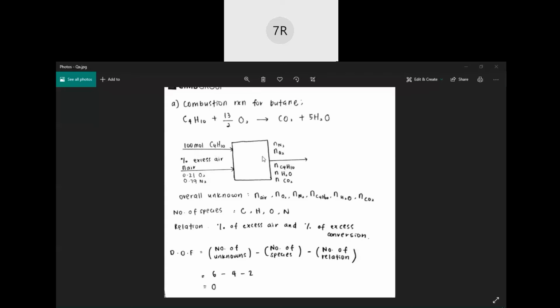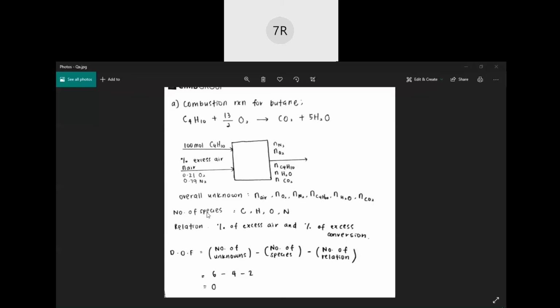And then for the unknowns, there are 1, 2, 3, 4, 5, 6. There are 6 unknowns: number of mole of air, oxygen, nitrogen, butane, water, and carbon dioxide.